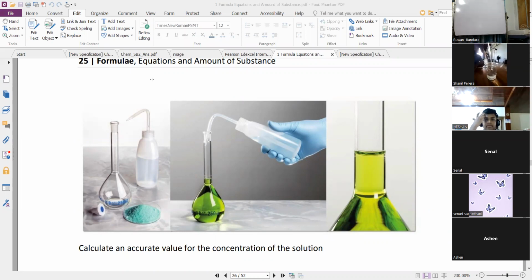Now you can see all the solid is here. So you have to take from this and wash the glass rod. So this one is done.